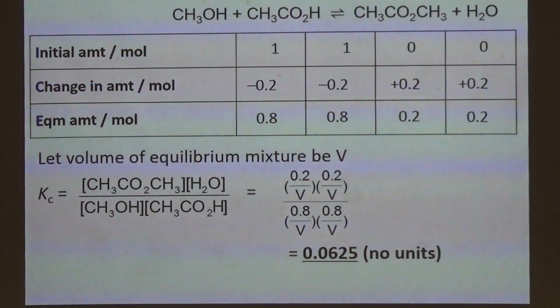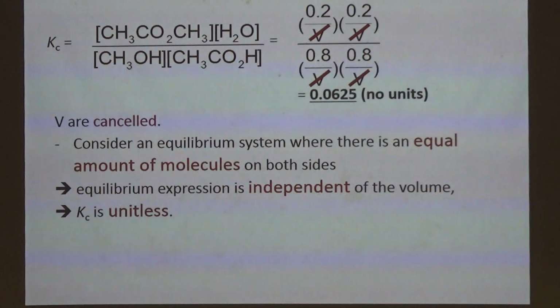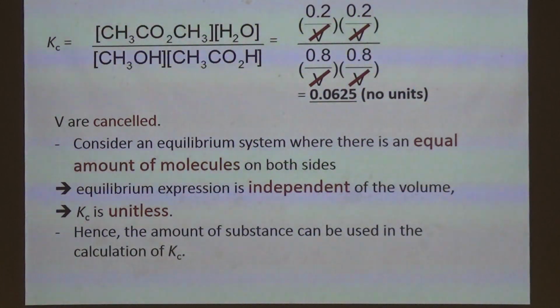But if the number of moles of reactants is not equal to the number of moles of product, then I must use the volume of the reaction because it doesn't cancel out. So the V terms are cancelled out. This happens at equilibrium when there is an equal number of moles of molecules on both sides. In that case, the equilibrium expression is independent of volume. Kc will become unitless.